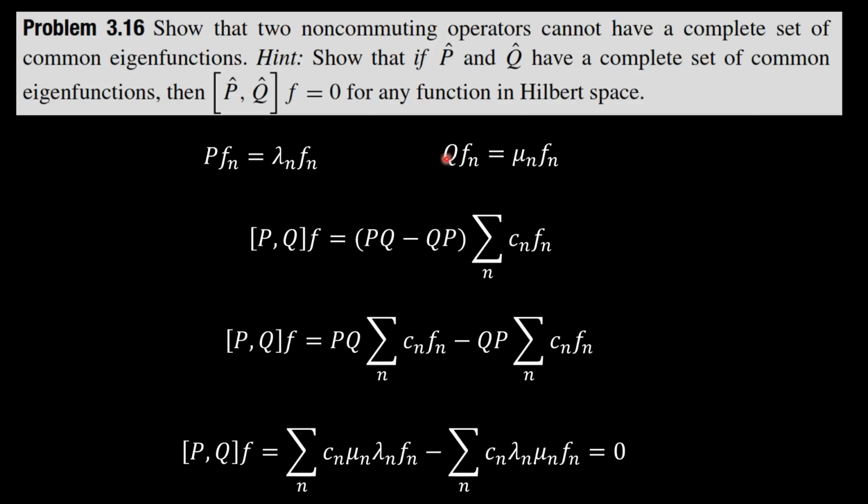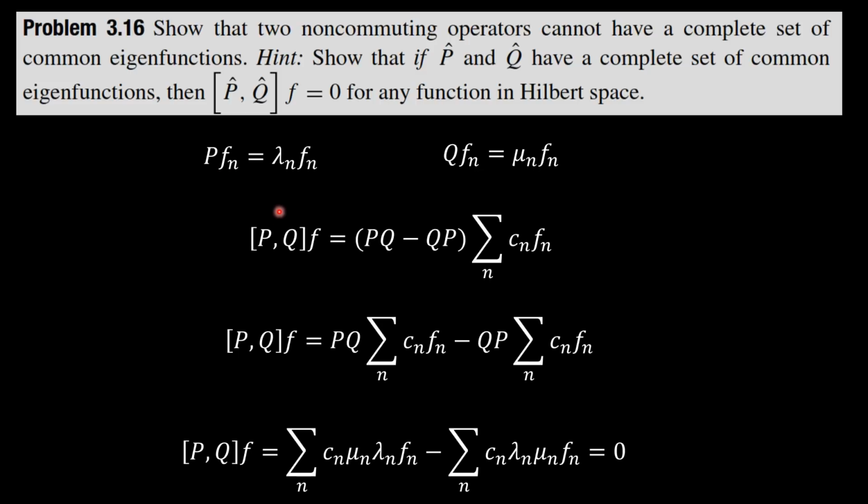Similarly, when the operator q acts on f sub n, it gives you the eigenvalue mu n with the same function f sub n. So it is very clear that f sub n is a common eigenfunction of p as well as q.